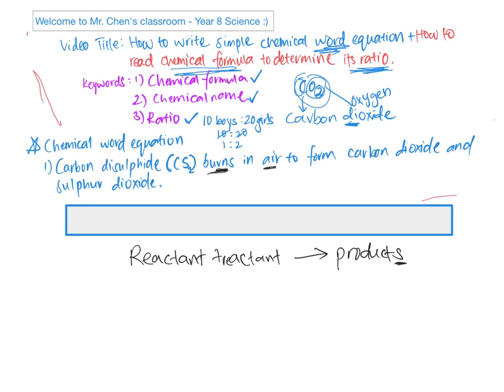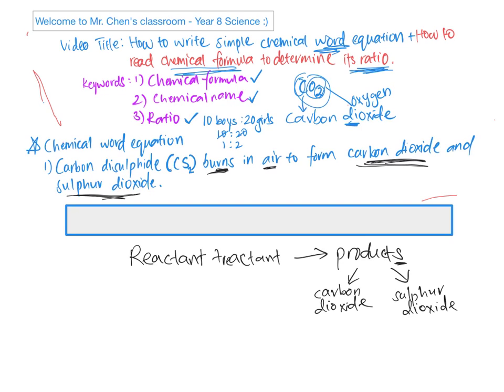The things that have been produced are carbon dioxide and sulfur dioxide. So we know straight away that the products here are two things: carbon dioxide and sulfur dioxide. And what has actually been added to cause this chemical reaction?